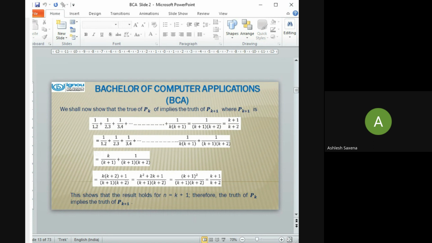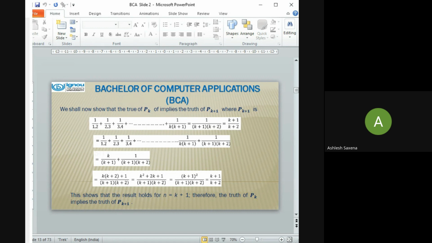This is what I'm teaching you, what I'm telling you, is the standard method for proving a question by mathematical induction. First of all, don't change it anywhere, because first you have to find the value of P1, then Pk, then Pk plus 1, and you have to prove that with the value of Pk plus 1 it is true.